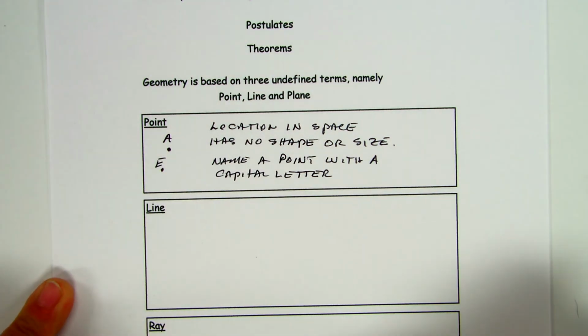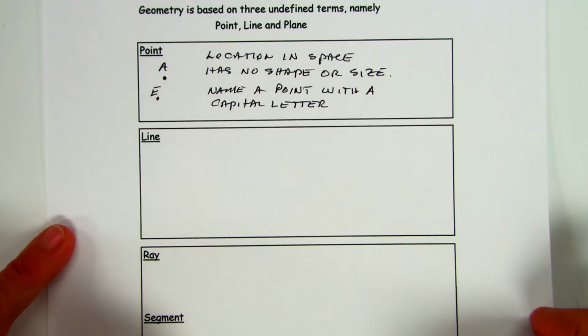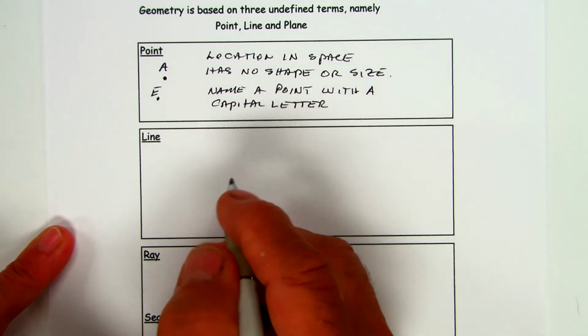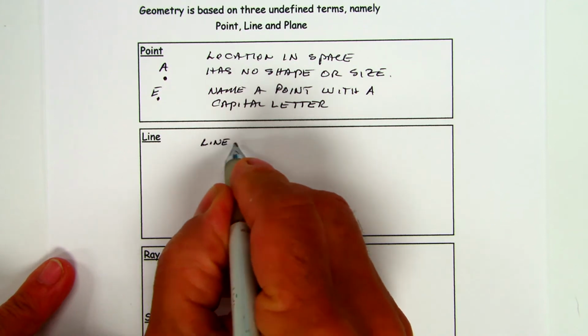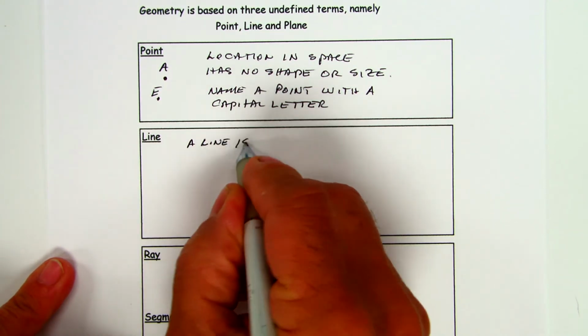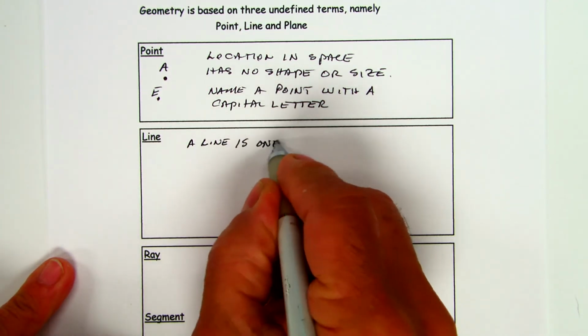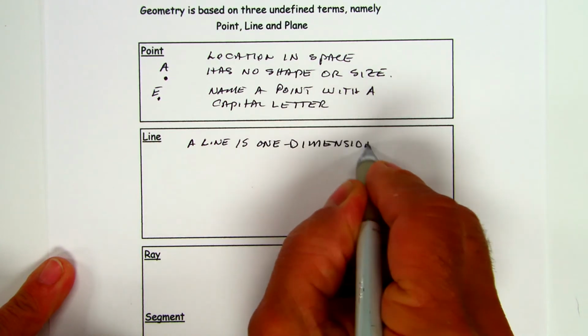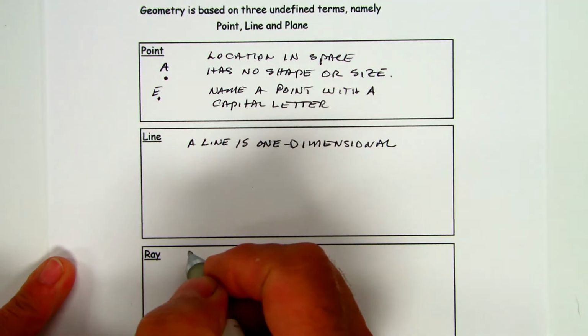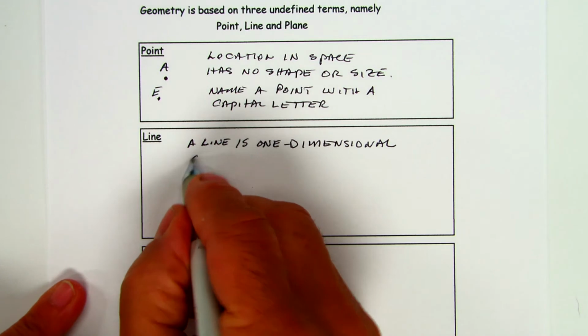Now let's look at a line. A line is one-dimensional. It goes on forever in both directions.